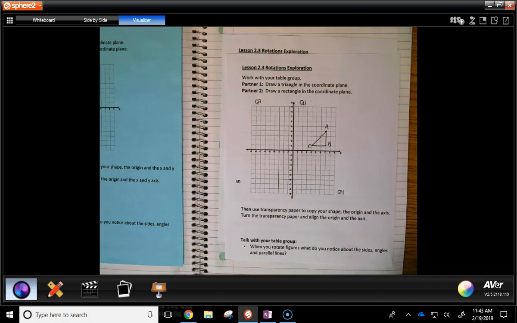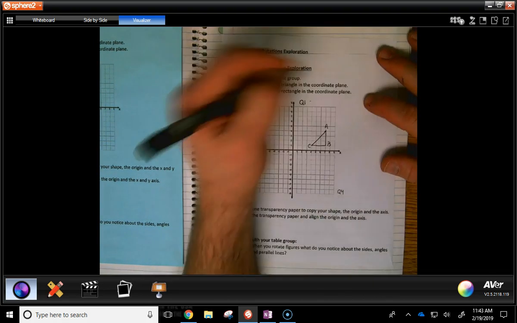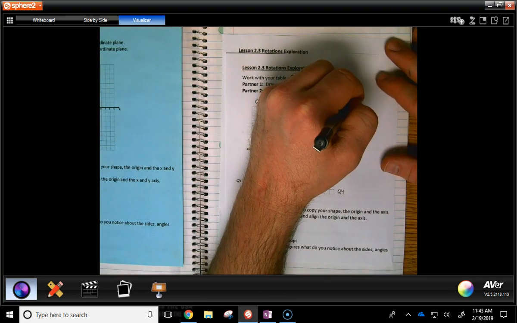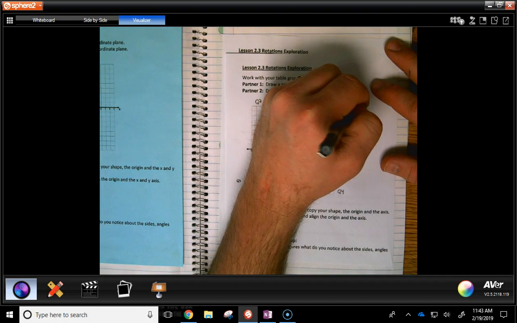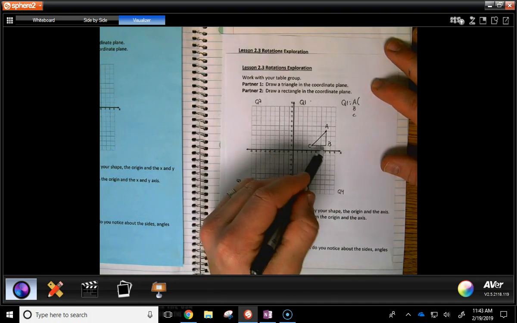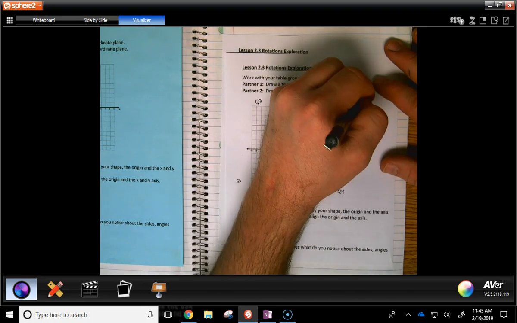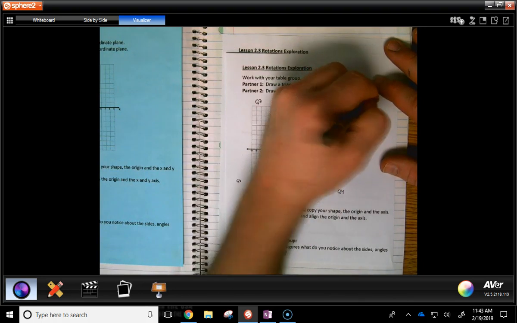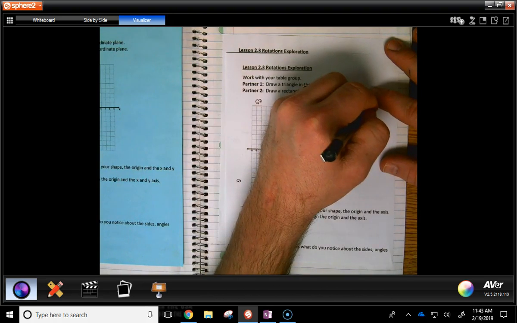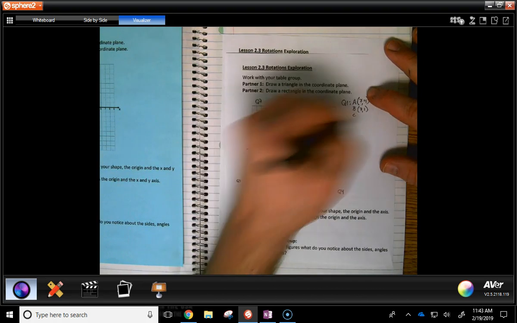What I want you to do for your experimenting, write down in each one of the quadrants what were your 3 points. So I'm going to do A, B, C. What are the coordinates? Like for this one, A is at 7, 4. B is at 7, 1. And C is at 4, 1.